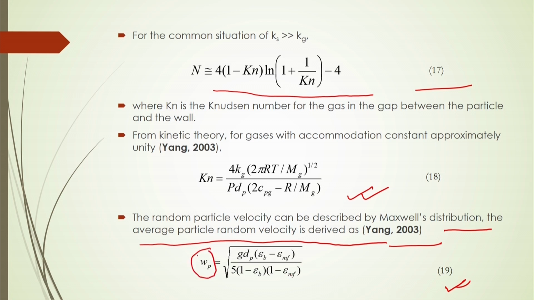So, this W_p is called the average particle random velocity, which will be calculated based on this equation 19. Once you know this W_p and the Knudsen number based on the properties of the fluid and the particles, then you will be able to calculate the Nusselt number from this equation number 17.